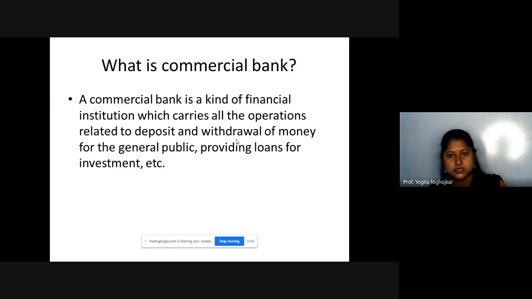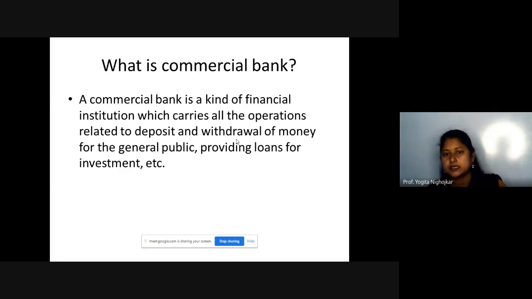All private banks are registered as companies with limited liability, such as Housing Development Finance Corporation, the Industrial Credit and Investment Corporation of India, that is ICICI Bank, and YES Bank, etc. These are the private banks.